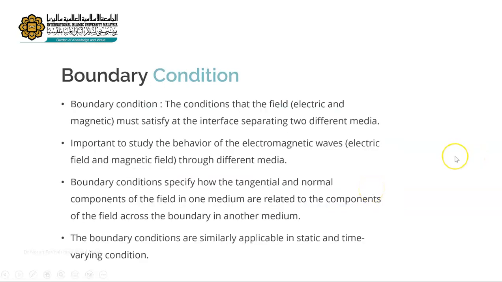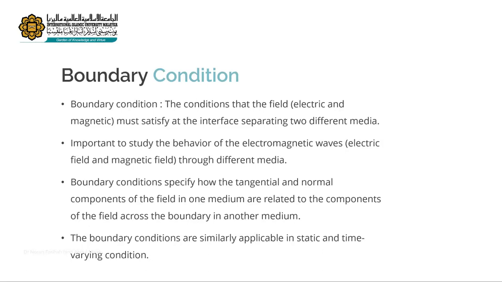Finally, we have the boundary condition. It is a condition that the field, both electric and magnetic, must satisfy at the interface separating two different media.